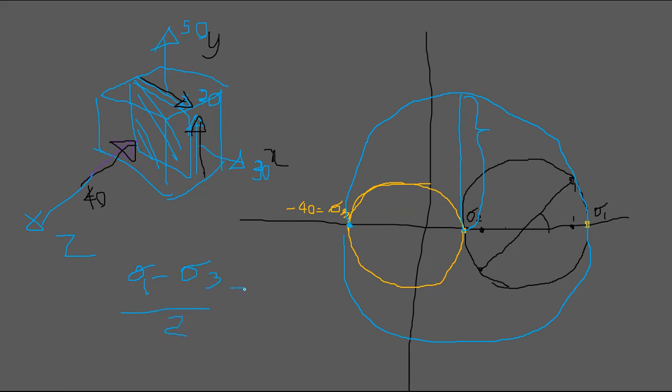Sigma 1 is positive, right? And sigma 3 is originally negative, right? So negative will be plus, plus something. So that should be right, because this is a compression, this is a tension, right? So likewise, you can work it out. This is the absolute maximum shear.